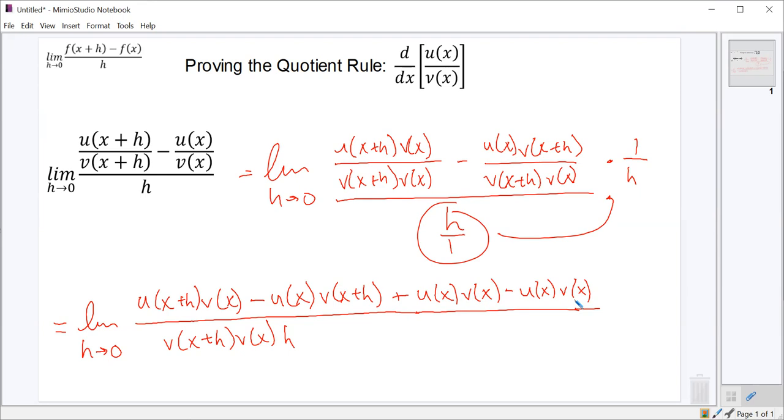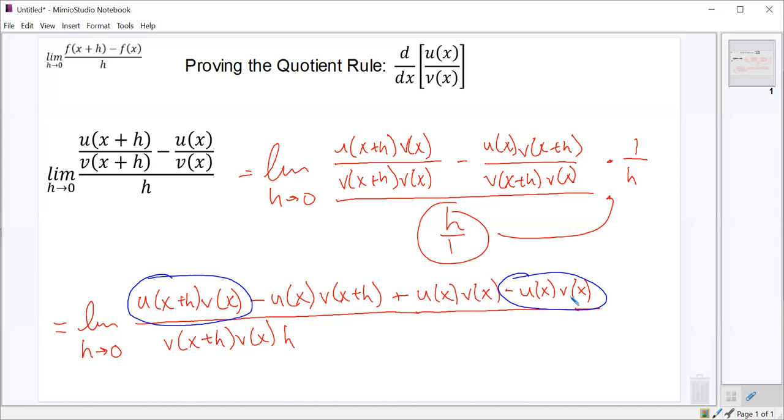And then again, similarly to what we did with the product rule, we're going to take a look at this first term and this last term, and we're going to separate those into their own limit. And then we're also going to do the same with the second and third terms. When we do the second and third terms, we're going to factor out a -1 from them so that we have a minus sign between our two limits.